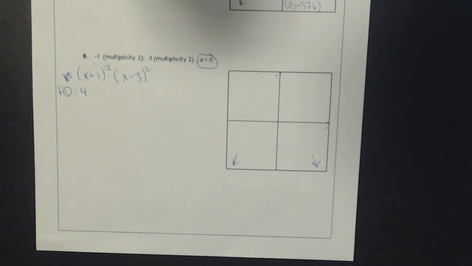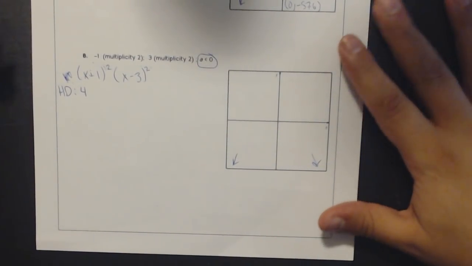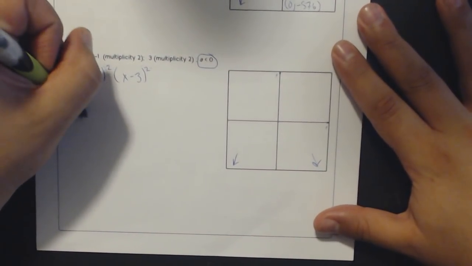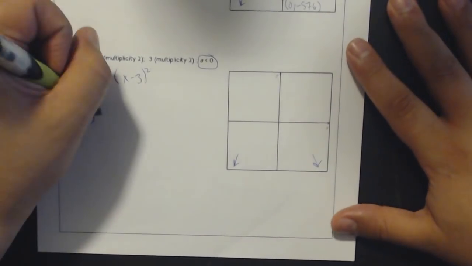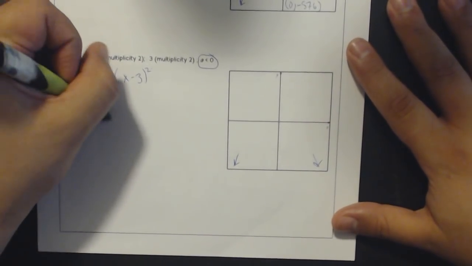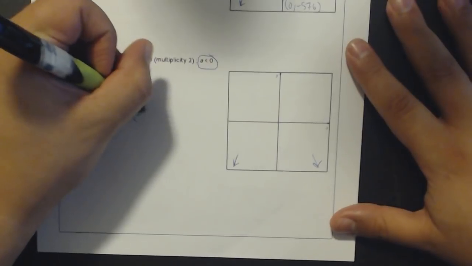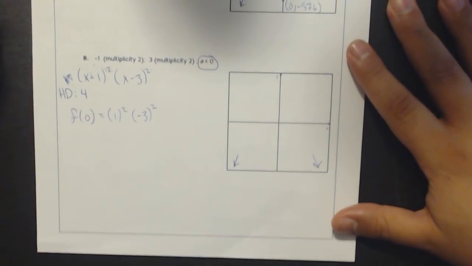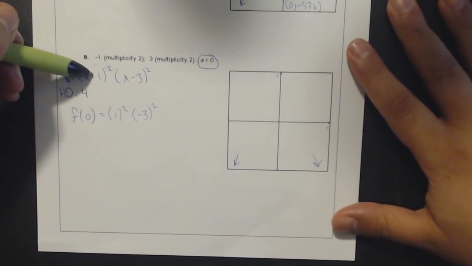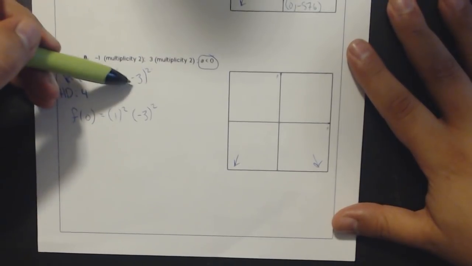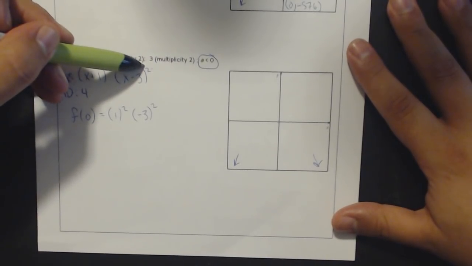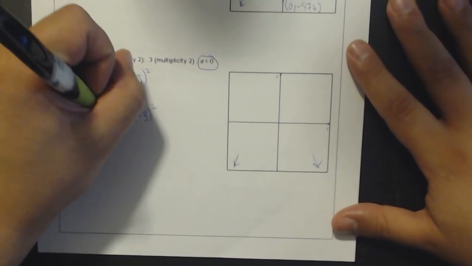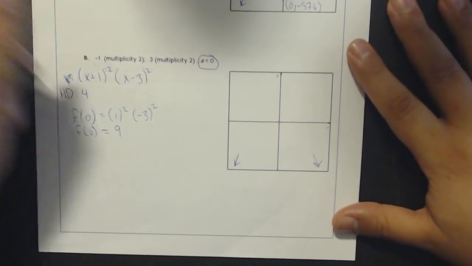Okay, that's helpful. All that's left now is to find my y-intercept, and then we can plot our x-intercepts as well. Well, that means I'm going to have some kind of 1 squared times negative 3 squared. Remember, it's this number in here, this 1 to whatever power is out here, negative 3 to whatever power is out here, and we find out that we get f of 0 to be 9.